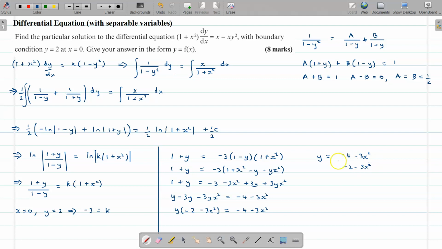And because everything's negative, if I multiply the numerator and denominator of that fraction by minus 1, then simply I have that y equals 4 plus 3x squared over 2 plus 3x squared.